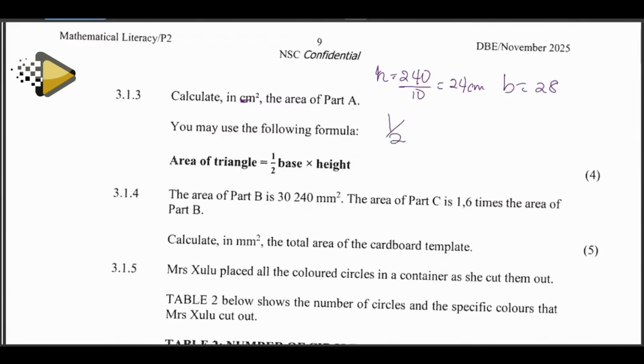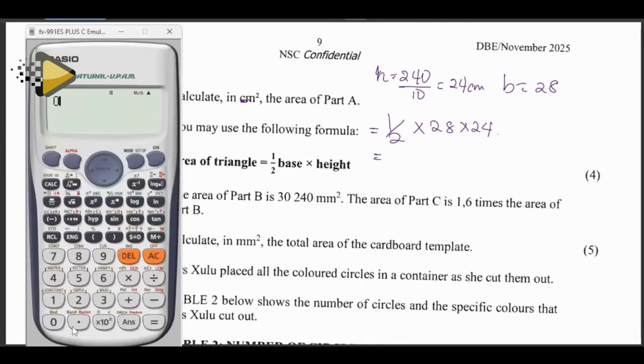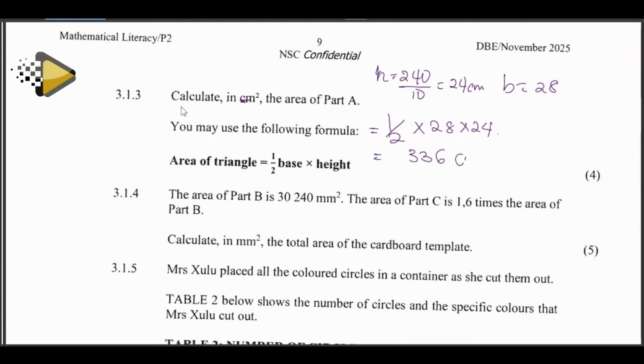Now substitute into the formula. And you get your answer: 0.5 times 28 times 24 is 336 centimeters squared.